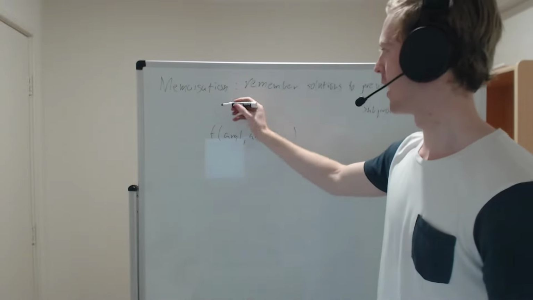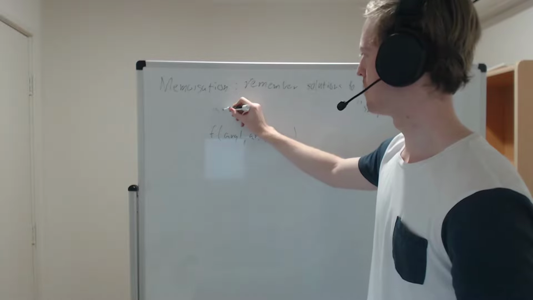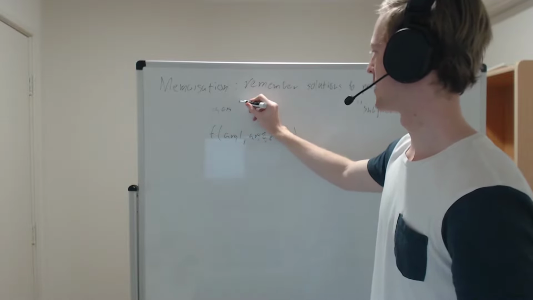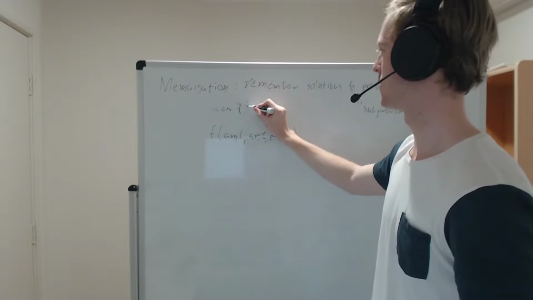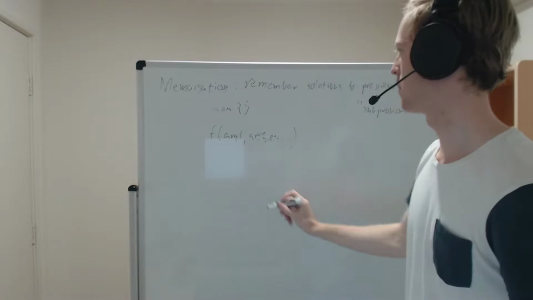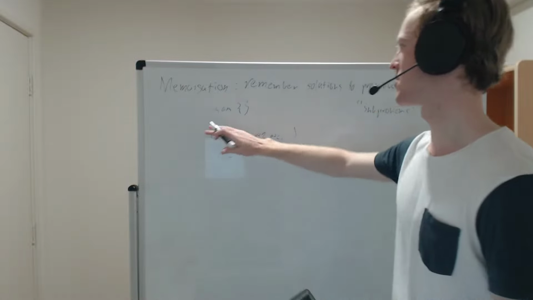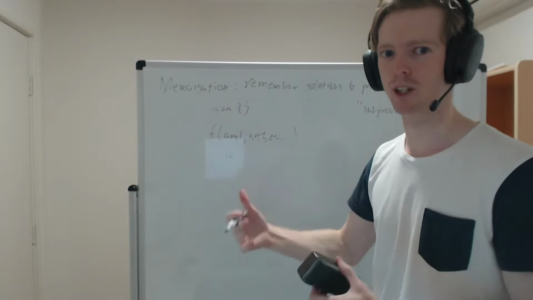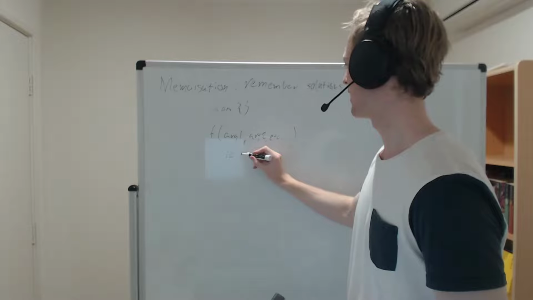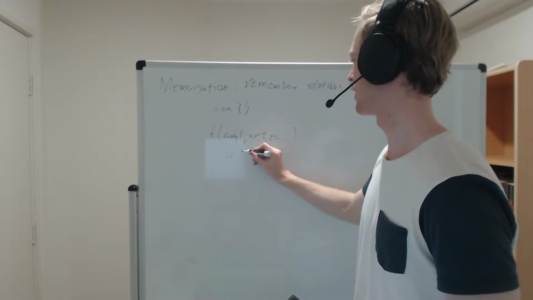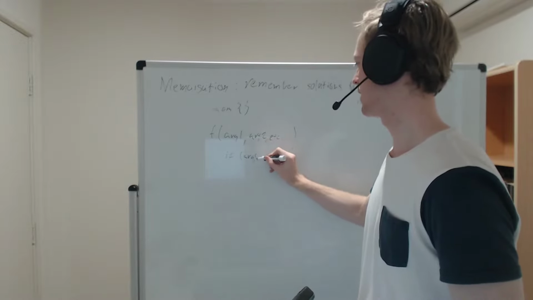So if you call something mem, and we'll make it a dictionary, basically at the start of every single function, every single time we call a recursive function, we want to check if our arguments are already in mem.